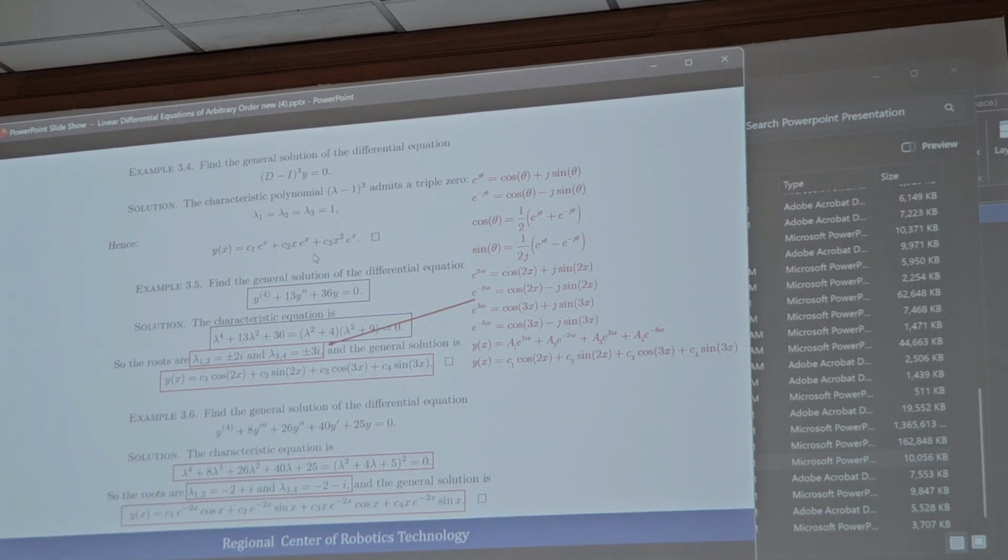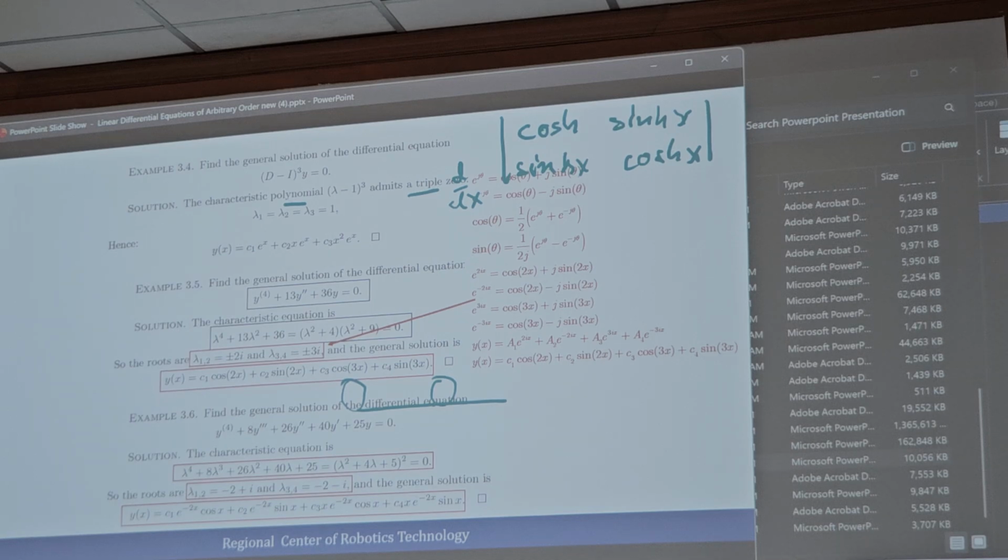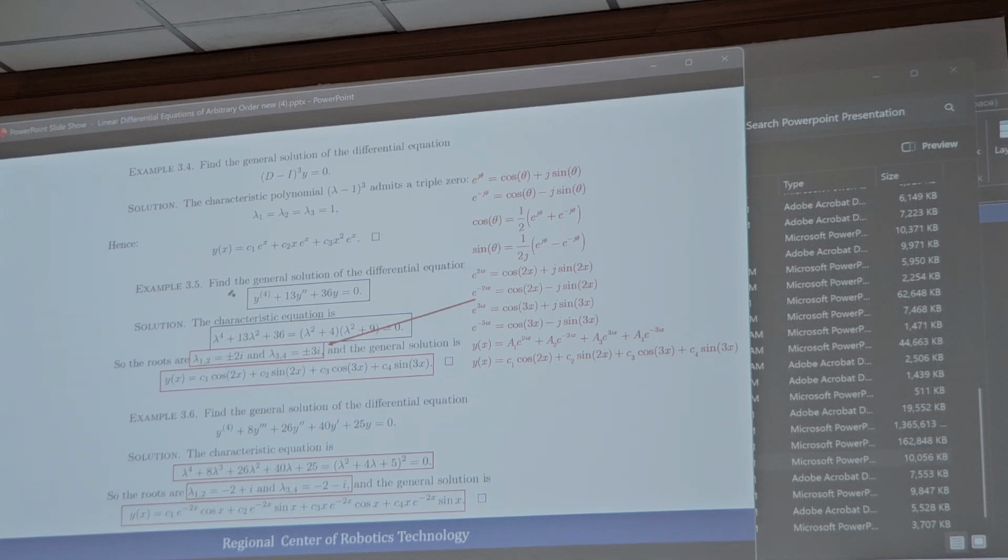If you have already done this, you see you have this one. You can read this anyway. You want to solve this homogeneous one. You see, this is the characteristic equation.